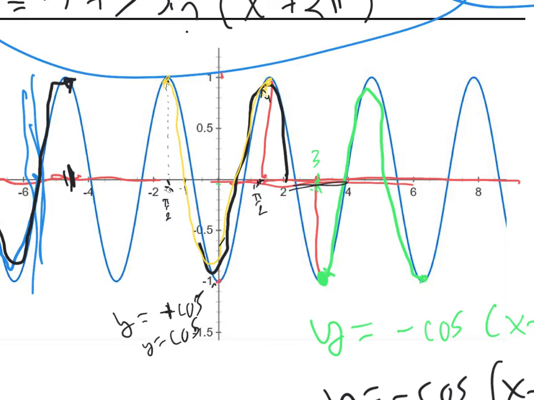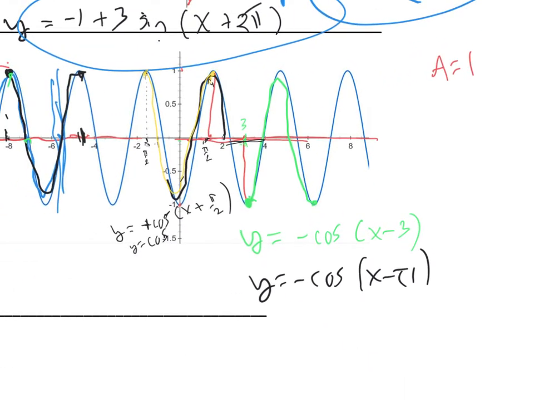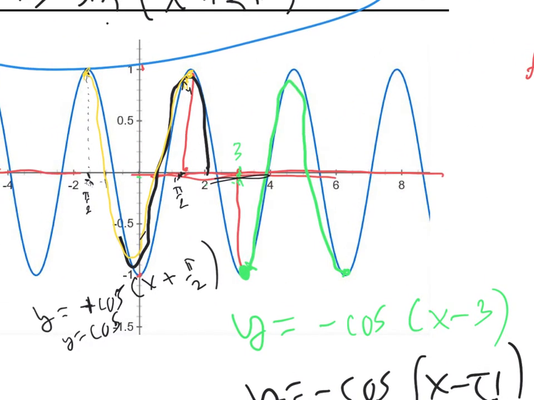Cosine shifted to the left, so it's a plus pi over 2. This was to the right of pi, because I was here and it was a negative. I think my b is wrong.